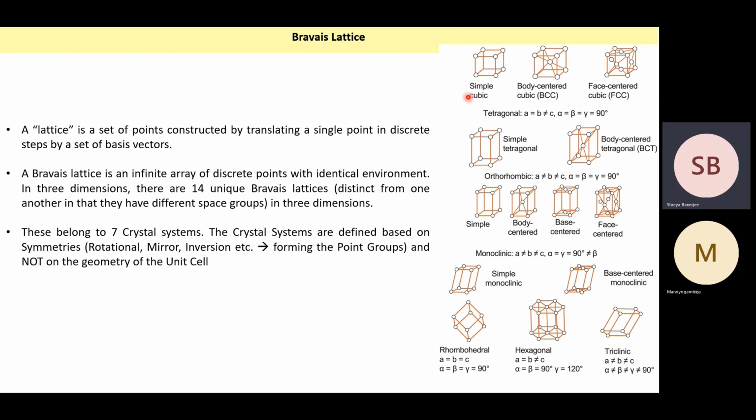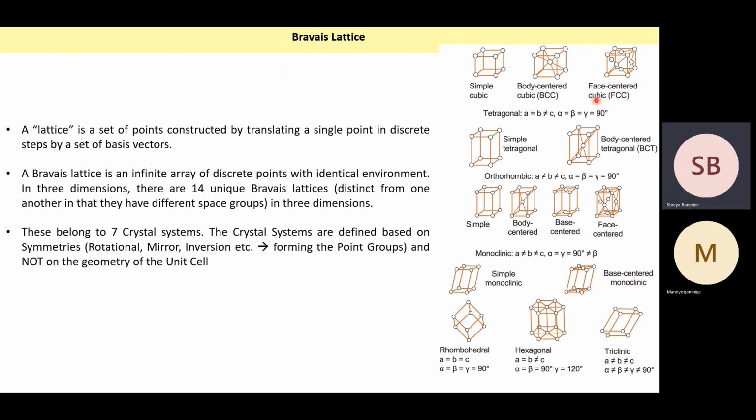The first crystal system is called cubic, which is a simple cube. In that, there are three kinds of Bravais lattices. One is simple cubic, where you have a lattice point at each corner of the cube. The second is called body-centered cubic, or BCC, where you have a lattice point at each corner of the cube and also one at the middle or the body center of the cube.